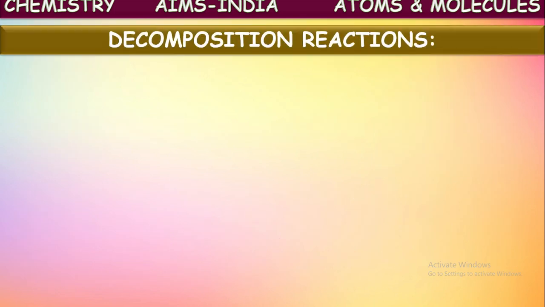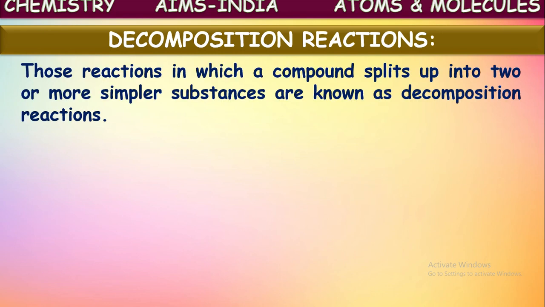Next type of reactions, chemical decomposition reactions. The reactions in which a compound splits into two or more simpler substances are known as chemical decomposition reactions. So what is happening in these reactions? Quite opposite to combination reactions. We told in the combination reactions, two or more substances combine together to form a single product.